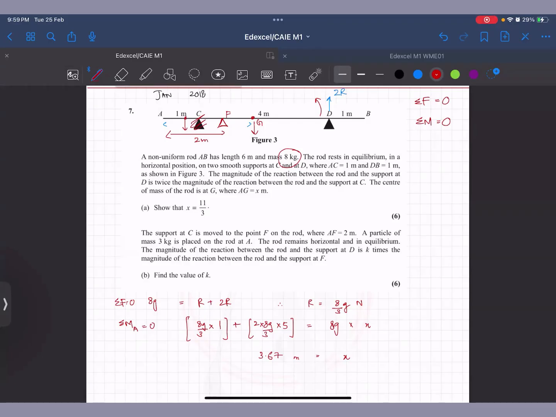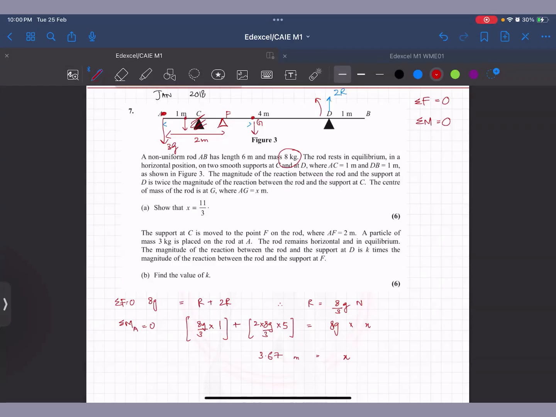The particle of mass 3 kg is placed on the rod at A. So there's a particle of mass 3 kg, so 3g is the weight downwards at A. And then the rod remains horizontal and in equilibrium.